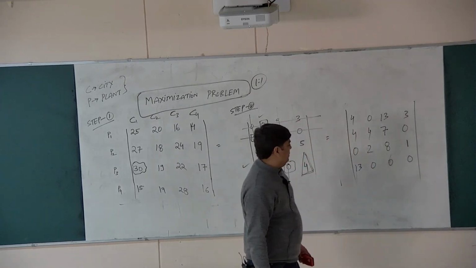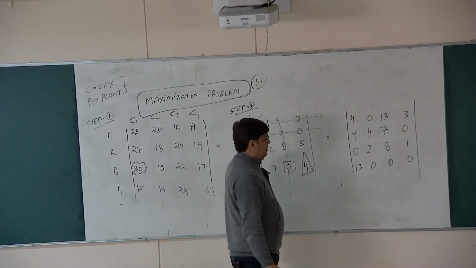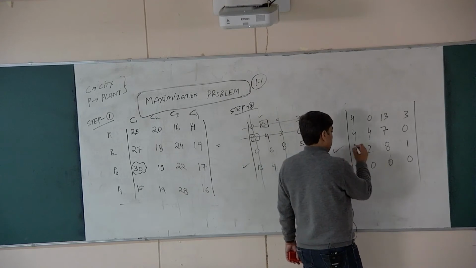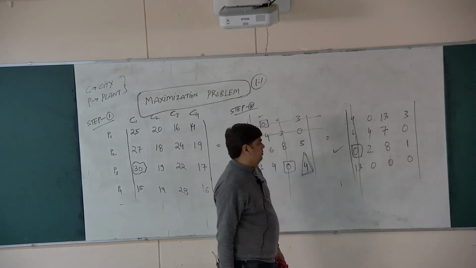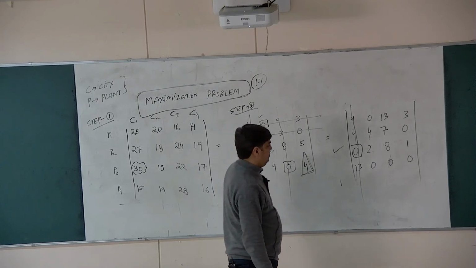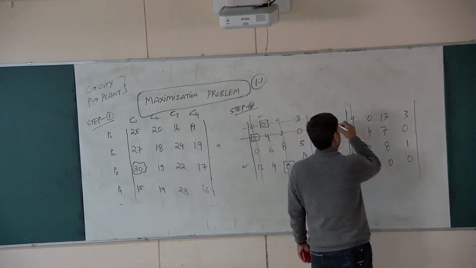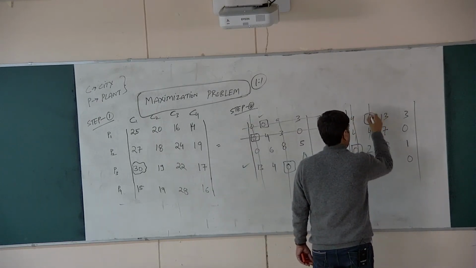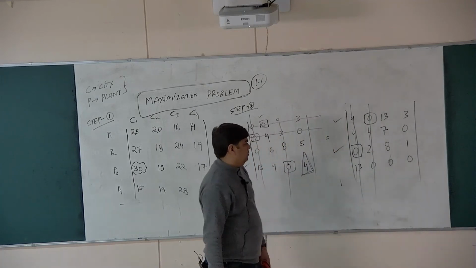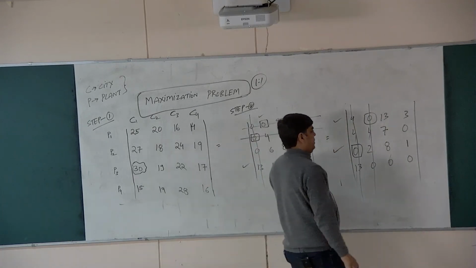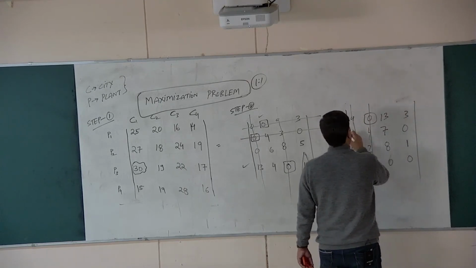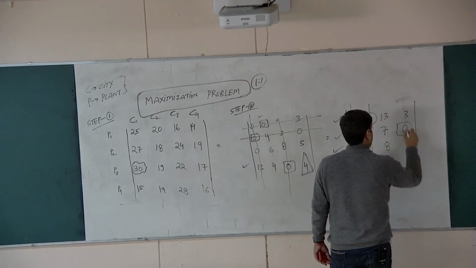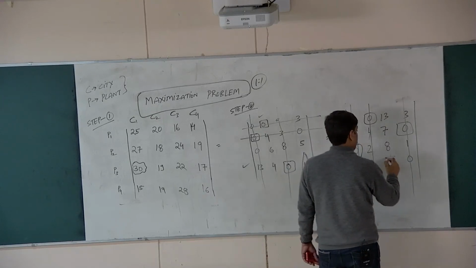Now can I proceed? How should I proceed? Can I proceed with row 1, and then this?